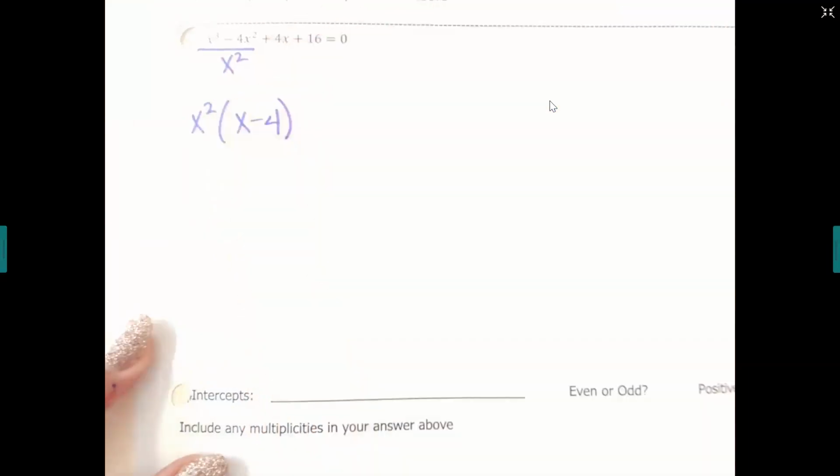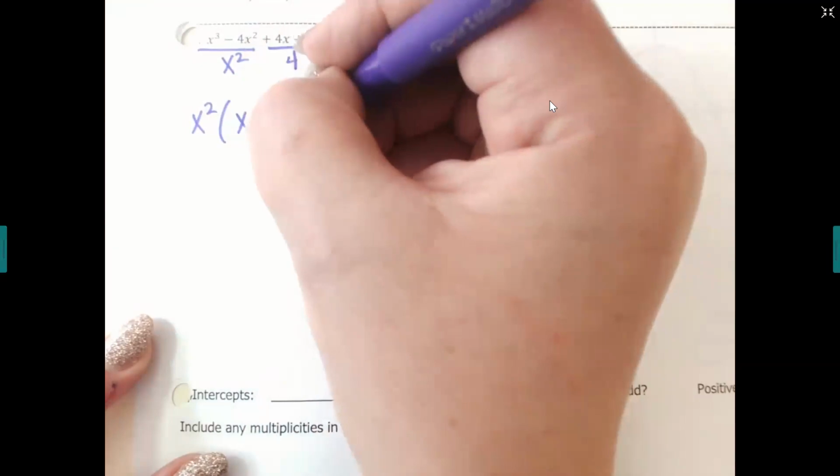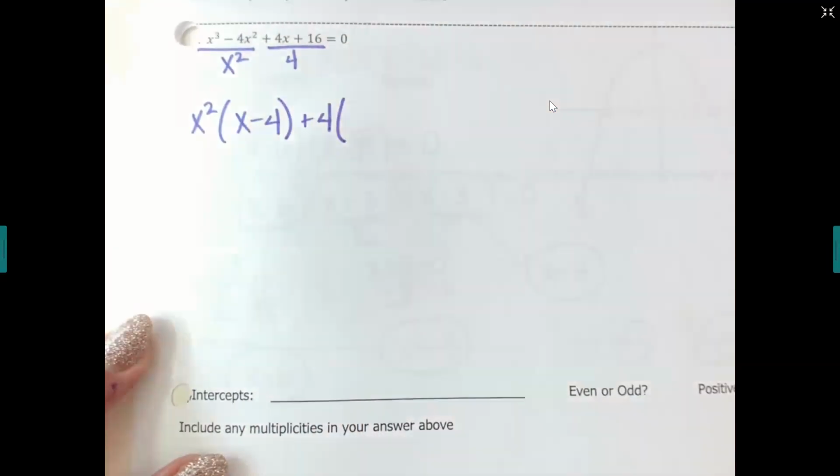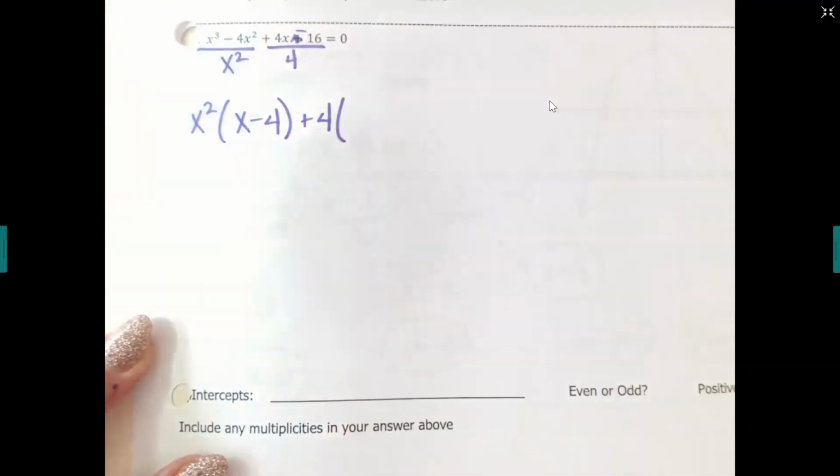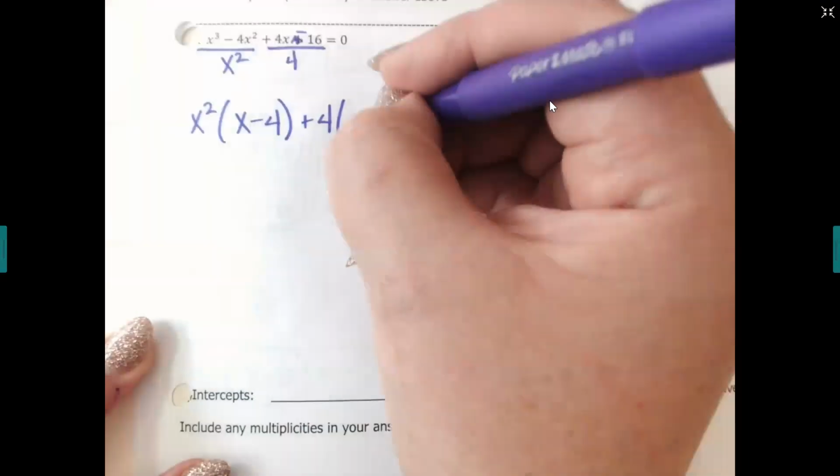Out of the second group, what can we take out? A 4, very good. What's that gonna leave me with? Make it a minus. Okay, now what's it gonna leave me with? X minus 4.